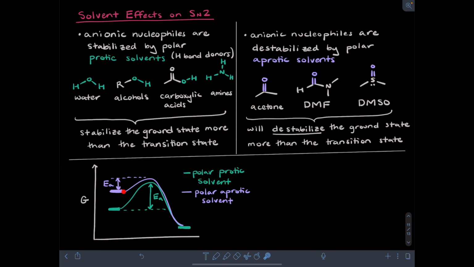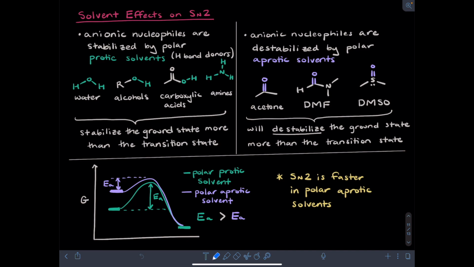It's higher in energy, which actually makes getting to the barrier require less energy, corresponding to a lower EA value. The barrier for SN2 in the polar protic solvent is larger than the barrier in the polar aprotic solvent, so we would say that SN2 is faster in polar aprotic solvents, ones that cannot donate hydrogen bonds to stabilize the nucleophile.